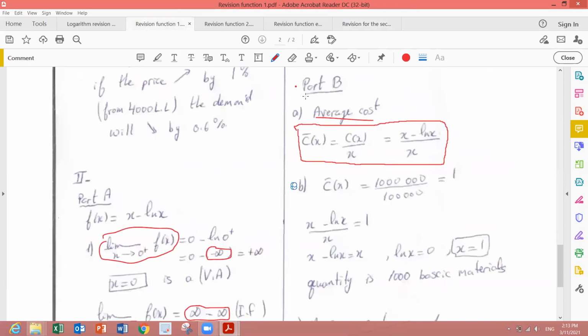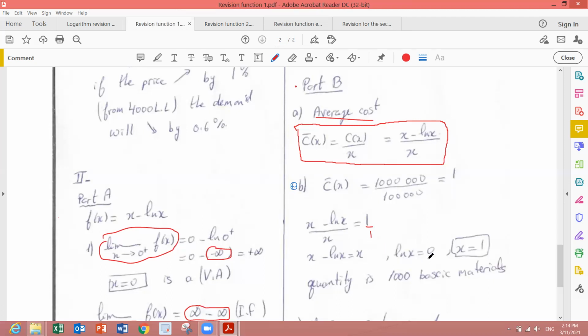So here, part B: C bar of x equals 1 million over 1 million, equals 1. So (x minus ln x) over x equals 1. Cross multiplication: x minus ln x equals x.